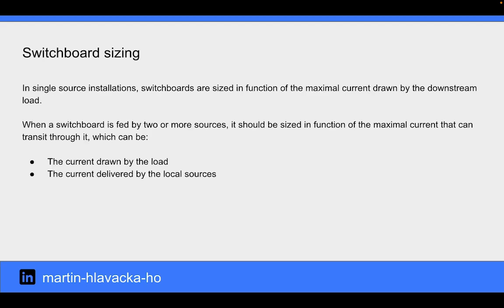In single source installations, switchboards are sized in function of the maximal current consumed by the downstream load. When a switchboard is supplied by two or more sources, it should be sized in function of the maximal current that can transit through it, which can be the current consumed by the load or the current delivered by the local sources.